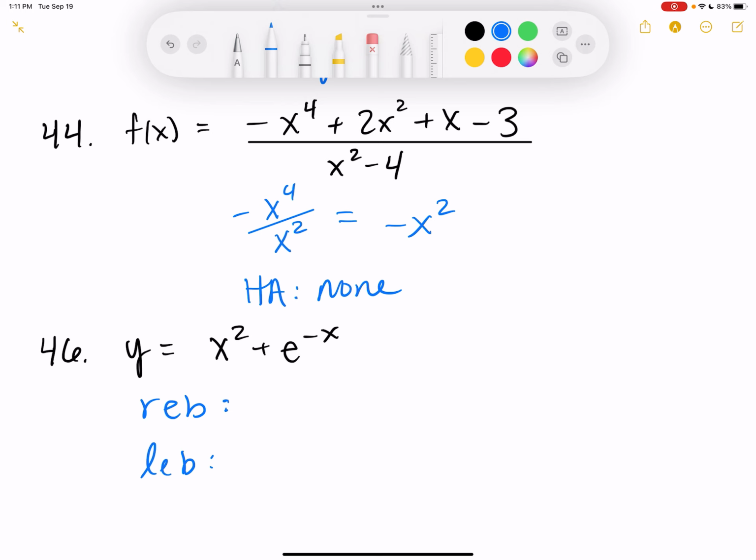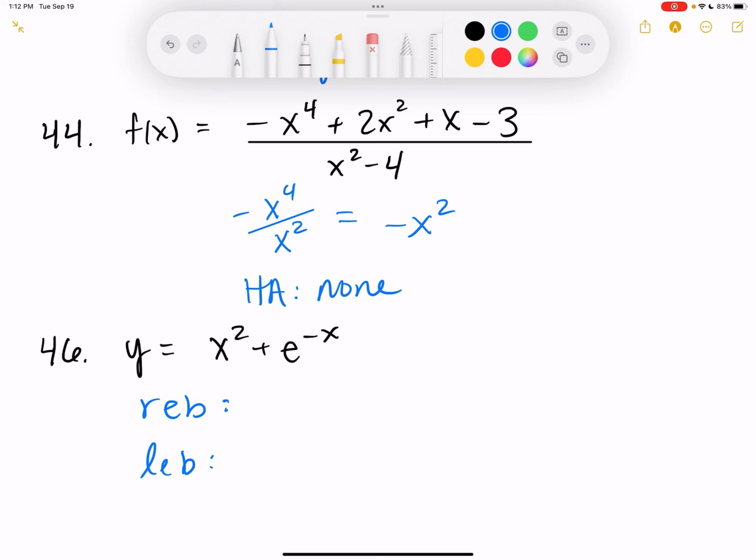All right, now what do we know about an exponential graph? Specifically, e to the minus x. What does that graph look like?